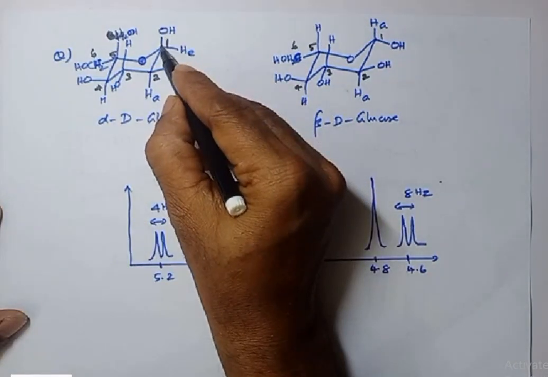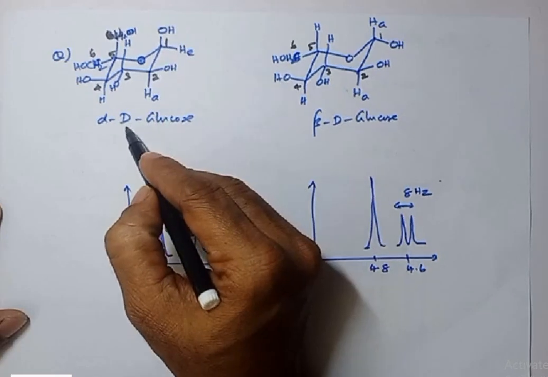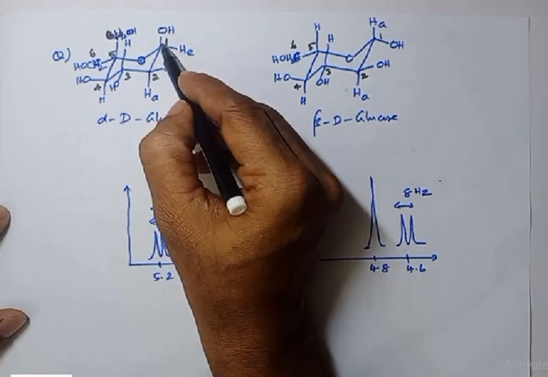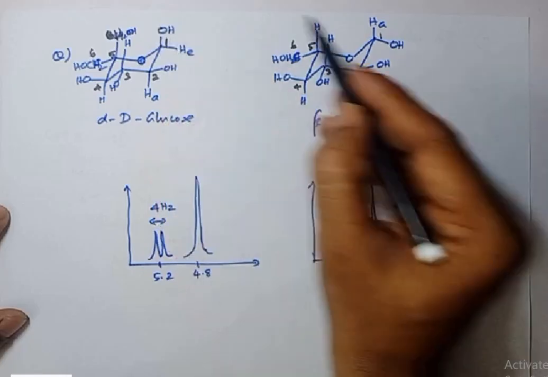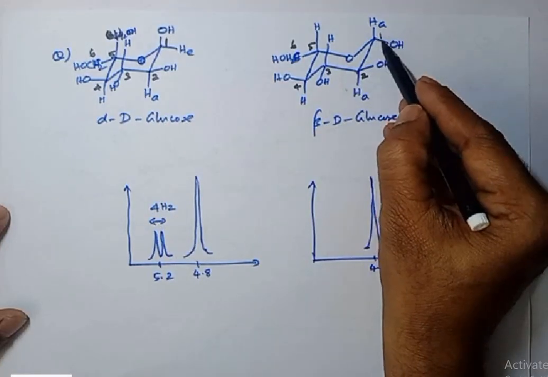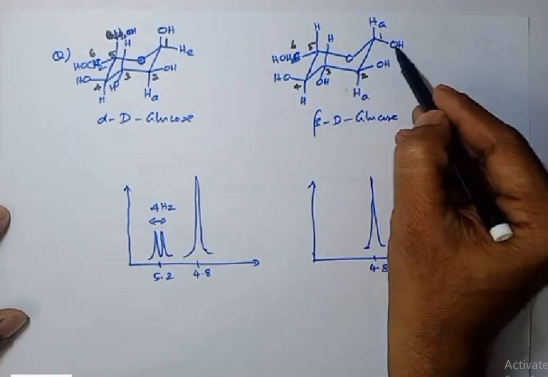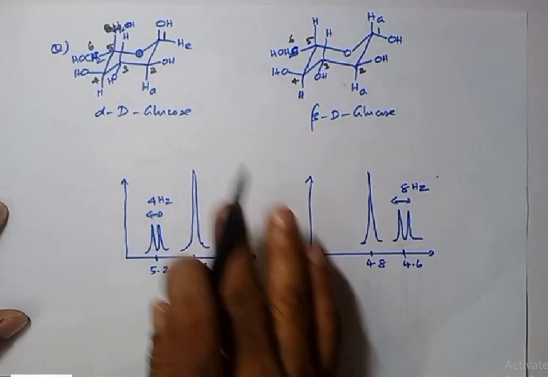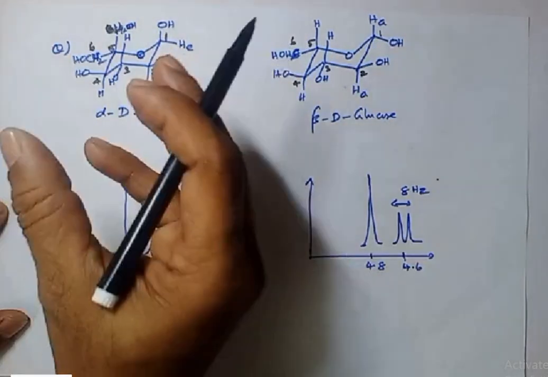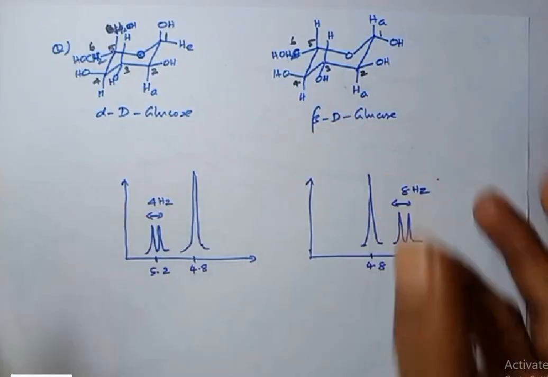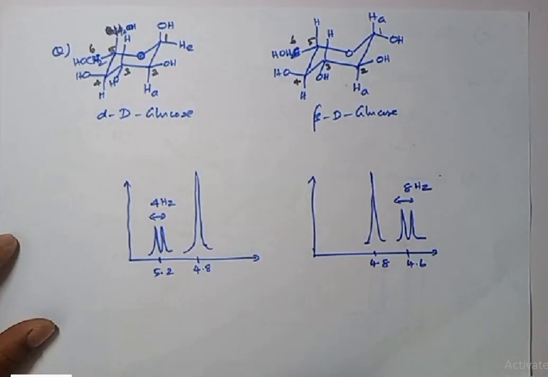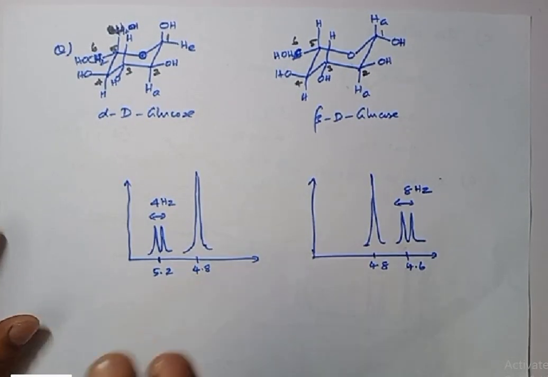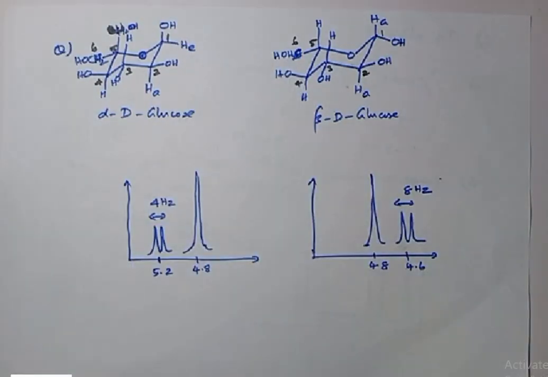Only at carbon 1, in the case of alpha D glucose, the OH group is axial, whereas in beta D glucose, at carbon 1, the OH group is equatorial. Now if you record the spectrum for alpha D glucose and beta D glucose separately, we get two spectra. Tell me which one corresponds to which isomer.